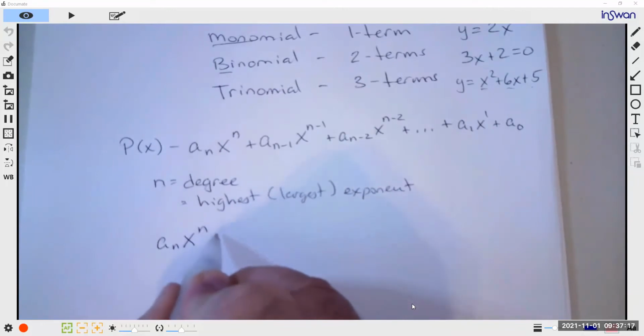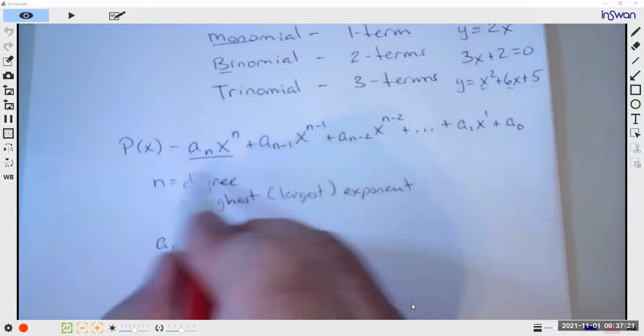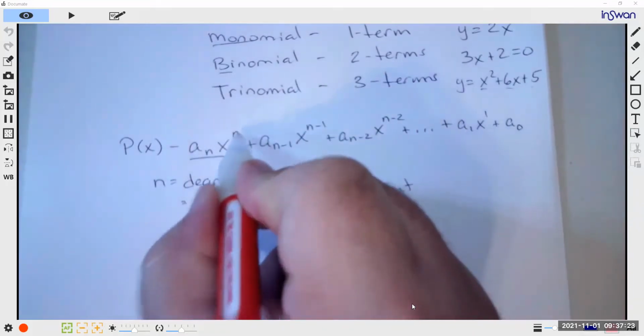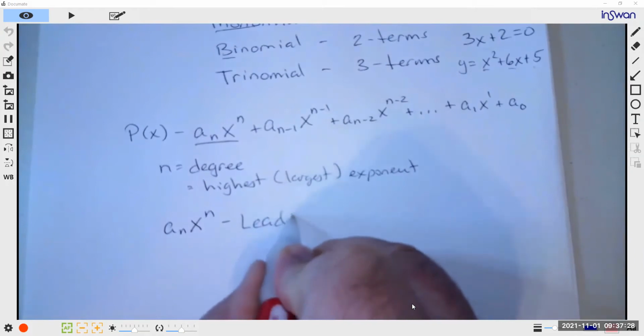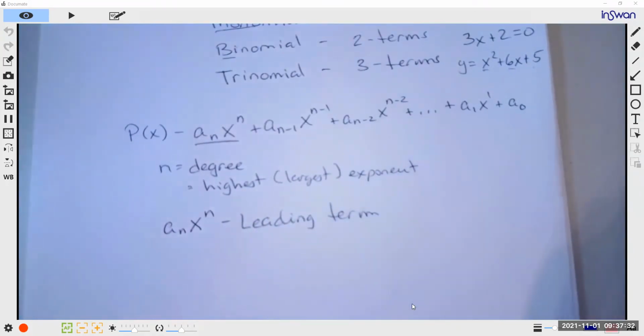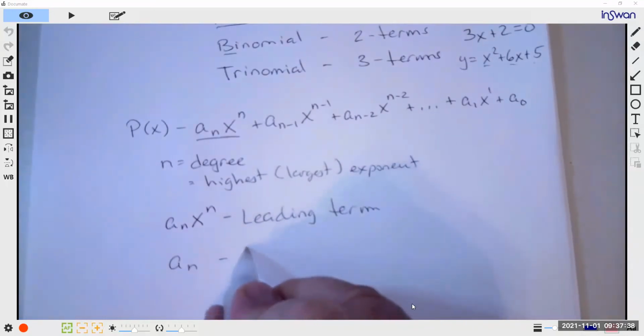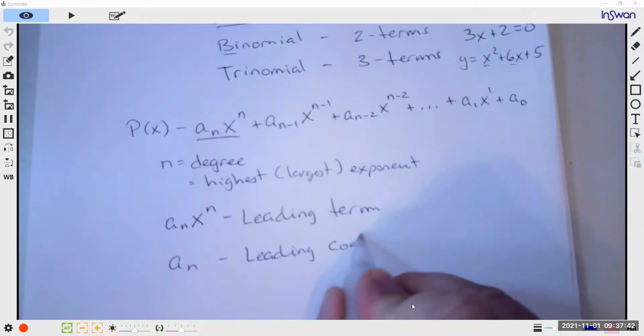The term of the polynomial, a_n x^n, that has the largest exponent is called the leading term. And the number in front of the x, the coefficient, is called the leading coefficient.